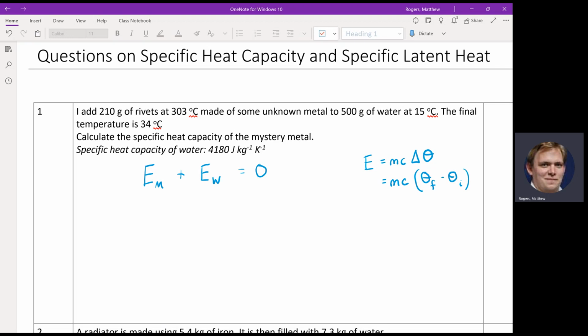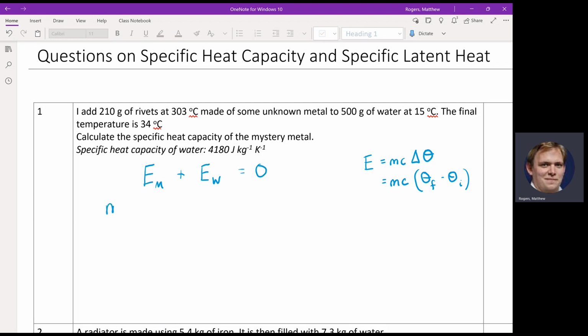So if we remember to do it like this, then our signs will sort themselves out as we go along. For the metal, to start off with, we've got its mass, which is 210 grams, so we're going to change it to 0.21. No, let's work algebraically to start off with.